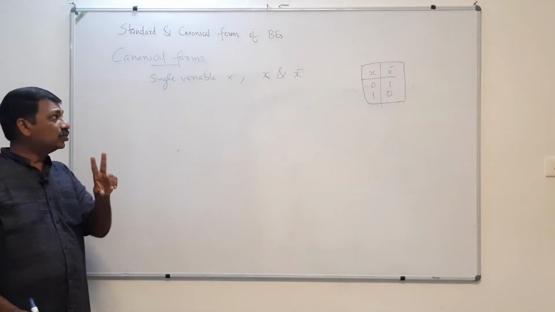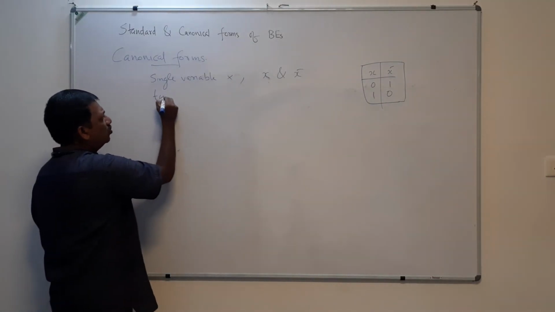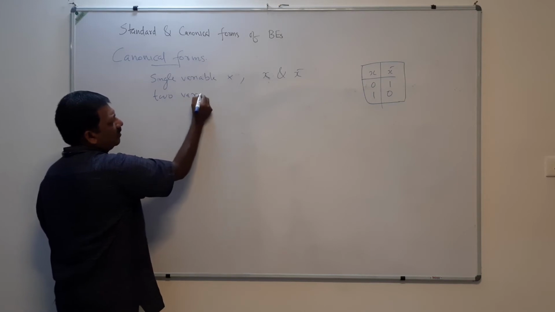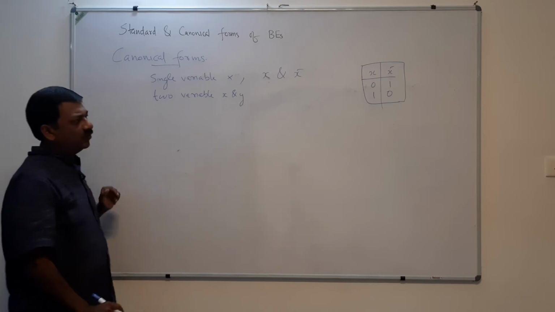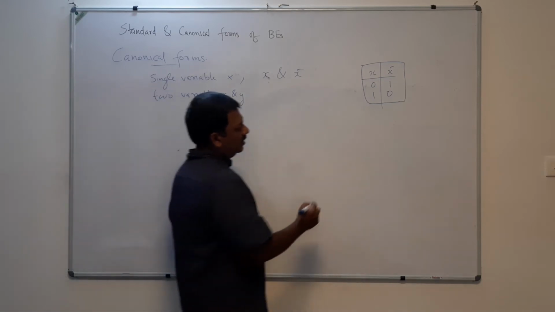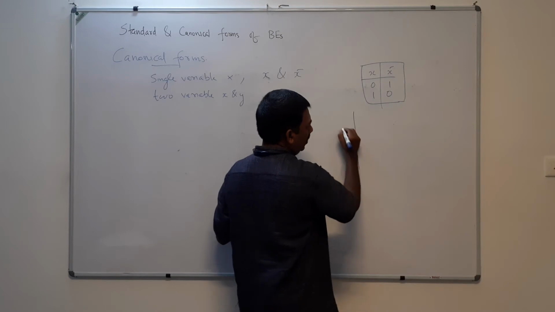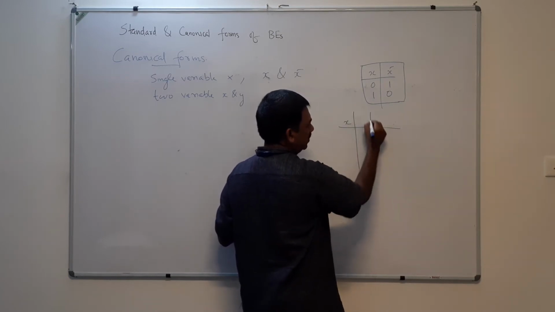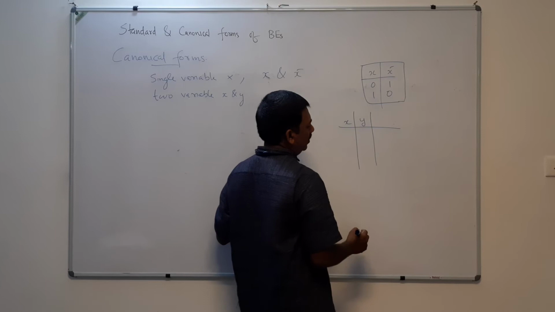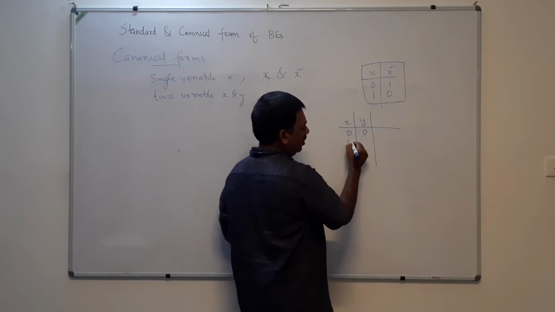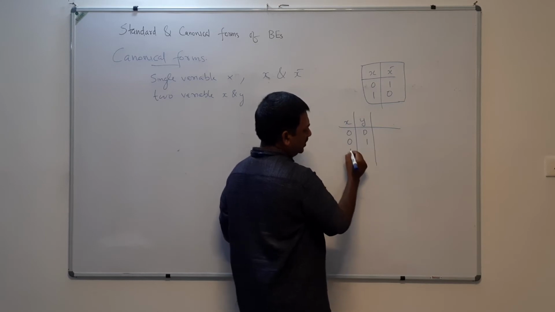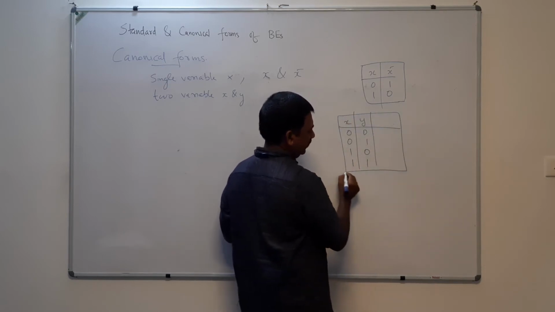Now, if you have two variables x and y, then you have two terms x, y. Suppose that x is 0 and y is 0, x is 0 and y is 1, x is 1 and y is 0, and x is 1 and y is also 1. So, these are the terms.